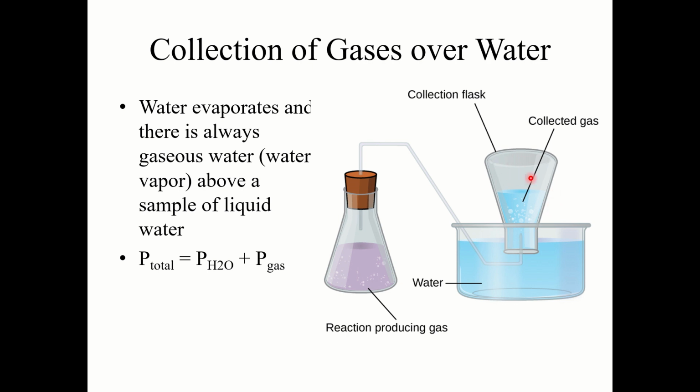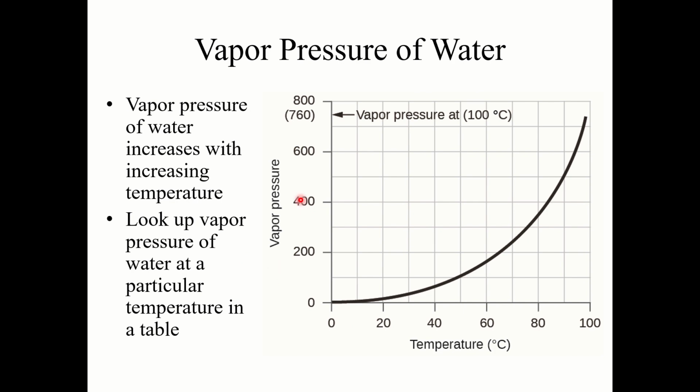So there will be a little bit of water vapor up here. So we're going to have to subtract that water vapor from the total pressure to find the pressure of the gas we're collecting. In our experiment, that'll be hydrogen gas. Now you'll look up this vapor pressure at a given temperature in the back of our lab manual to be able to complete this in our lab.